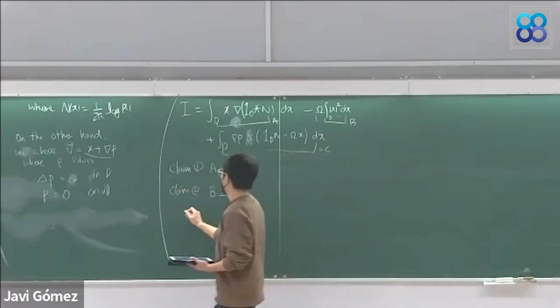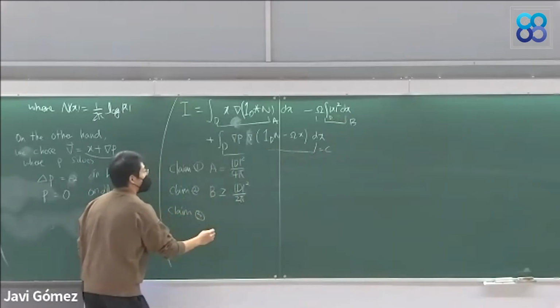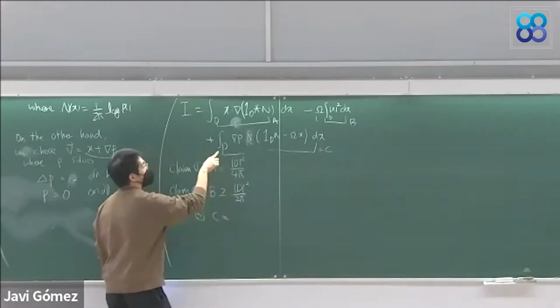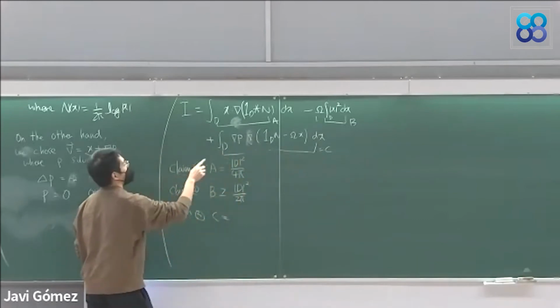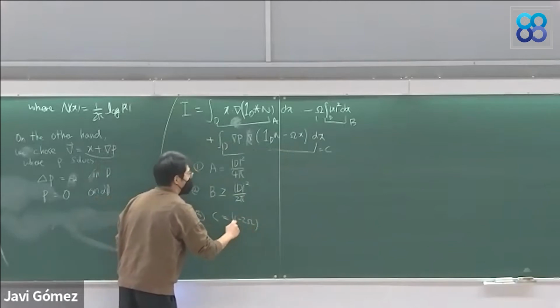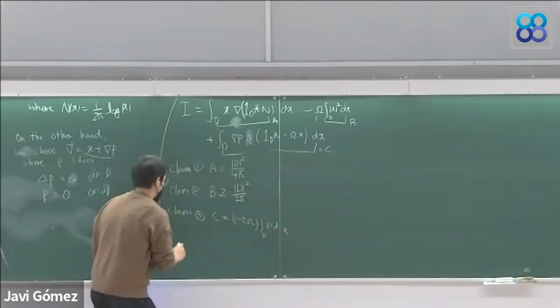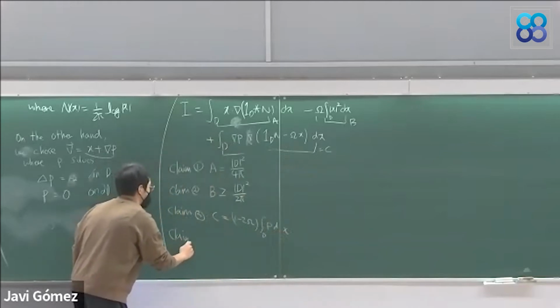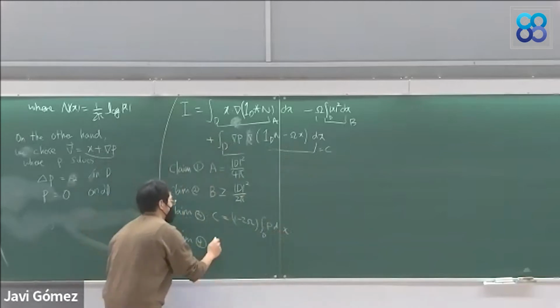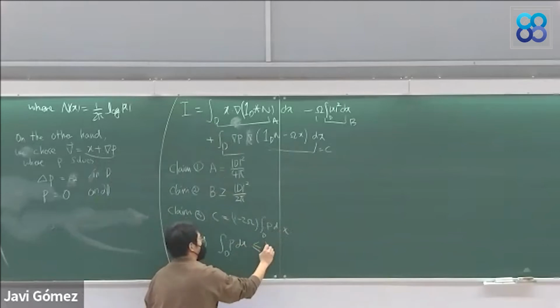And claim 3, that's the term C, the integral containing the gradient of P, is equal to 1 minus 2 omega times the integral of P. And claim 4, that the integral of P dS is always less than or equal to B squared over 4 pi.